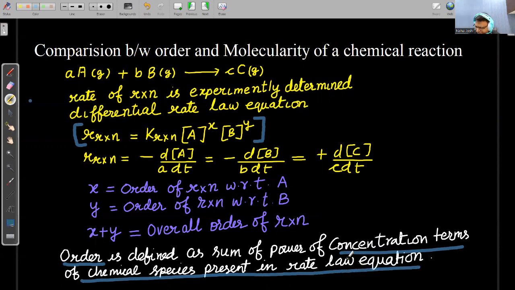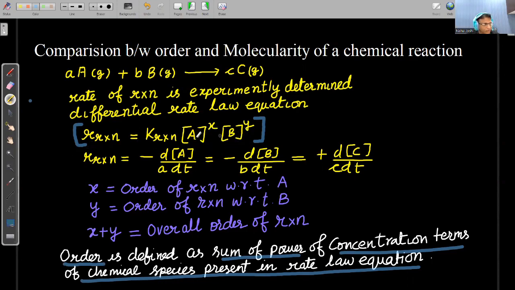Most of the time reactants will come, but it is not necessary. For some complex reactions, a product can come, or if there is a catalyst, the catalyst can come, right? Here the power of this concentration term is x, here the power of this concentration term is y, so we say overall order is x plus y.